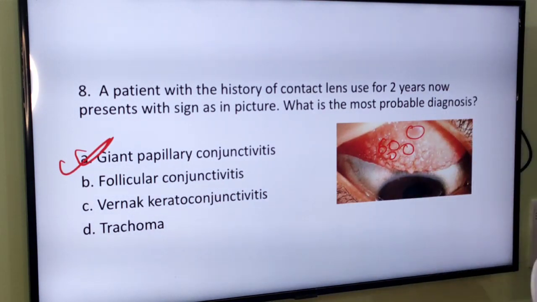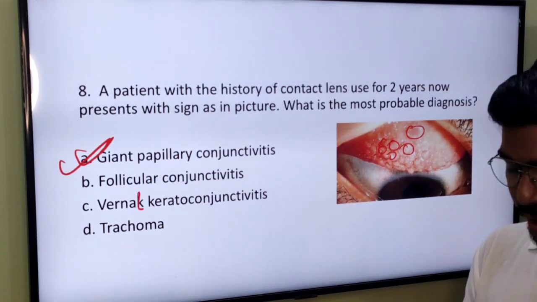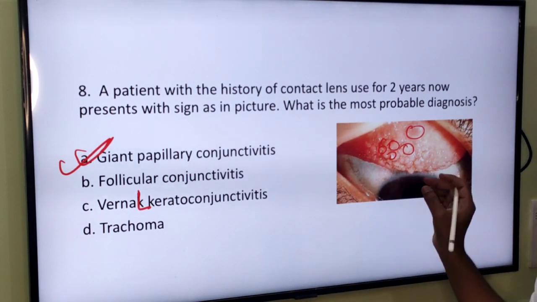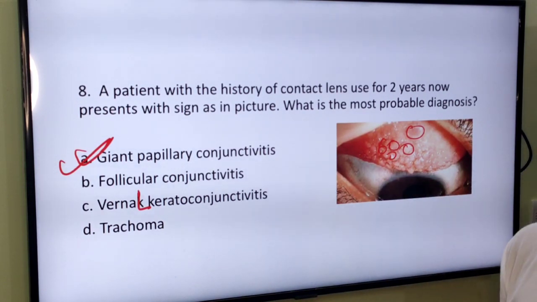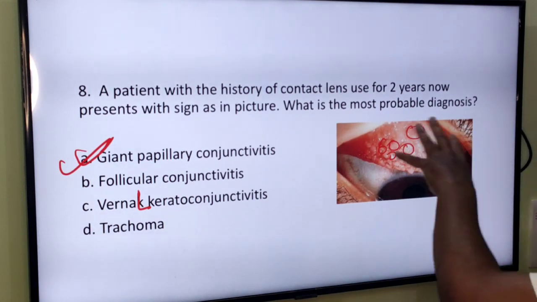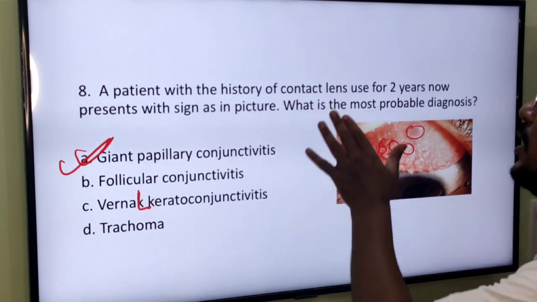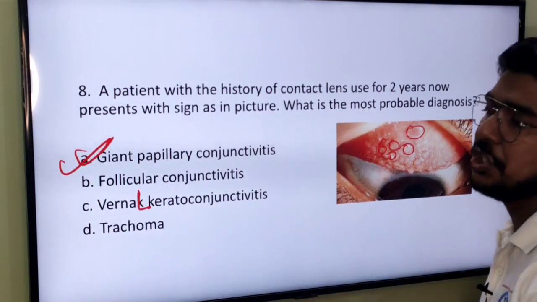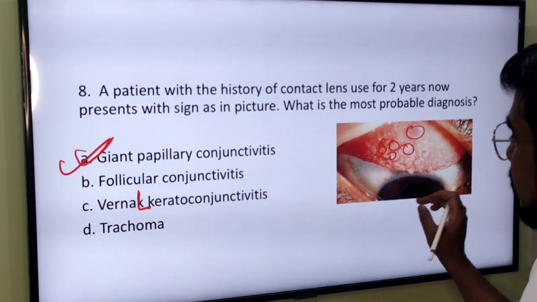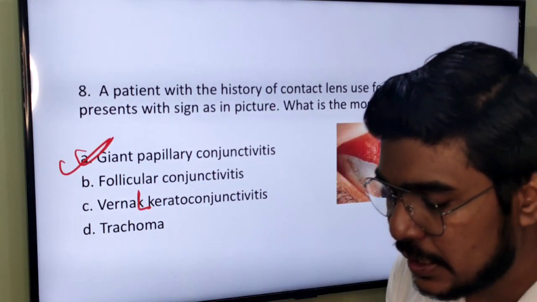Follicle, obviously this is not a follicle at all. Vernal, this is L, not K. Vernal keratoconjunctivitis, VKC: obviously there is no such feature or history of itching. The papilla is there, but not so giant, and contact lens use rules out this feature. Also, in the limbal area, papillae are seen in VKC.